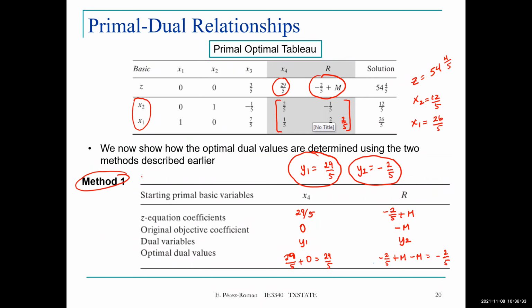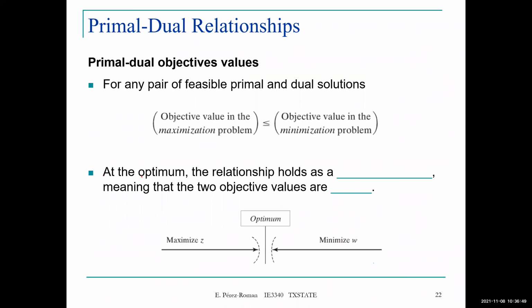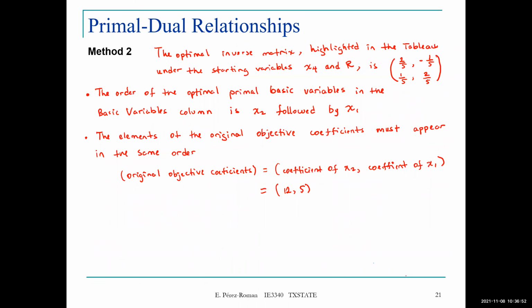So I'm going to pull the objective coefficients from the original objective function, but I have to use them in the same order. So x2 goes first, so it's 12, and then the coefficient for x1 is 5. So in my row vector here, I'm going to have 12 and 5.